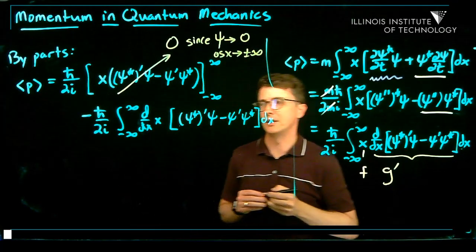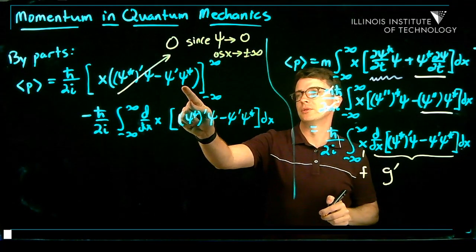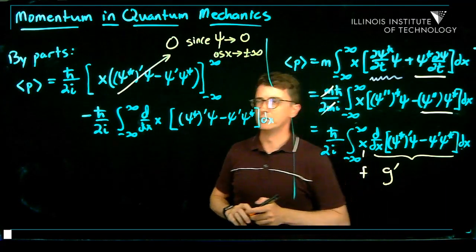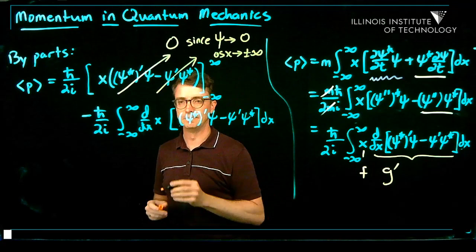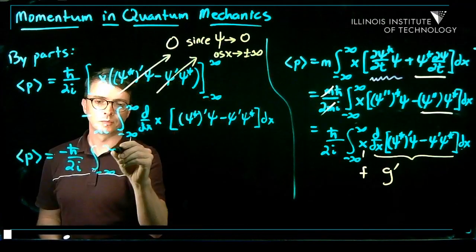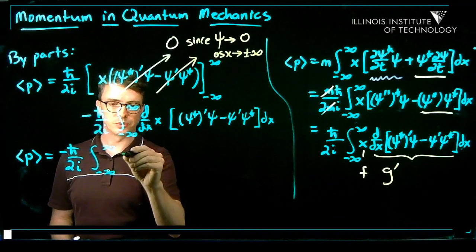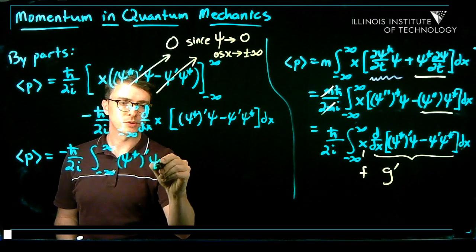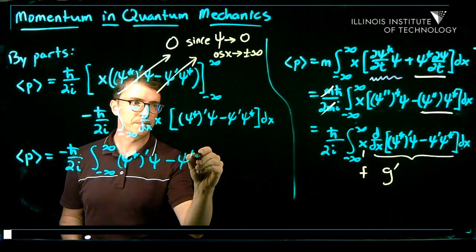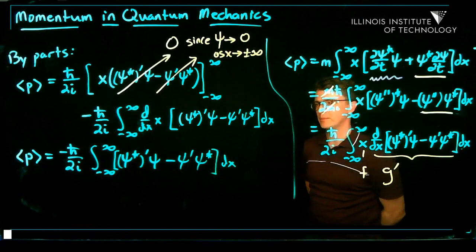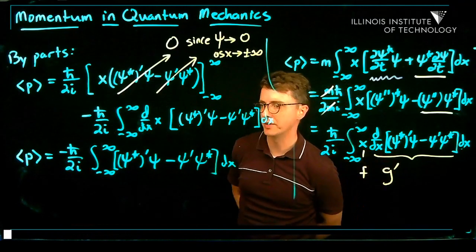So basically the fact that psi goes to 0 will kill this term. So this boundary term is all gone. What I'm left with is this. The derivative of x is just equal to 1, and I have psi star prime psi minus psi prime psi star dx.